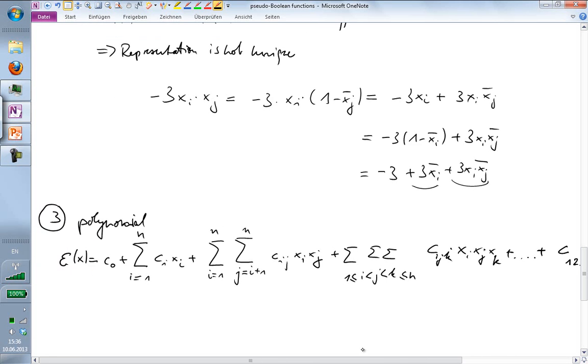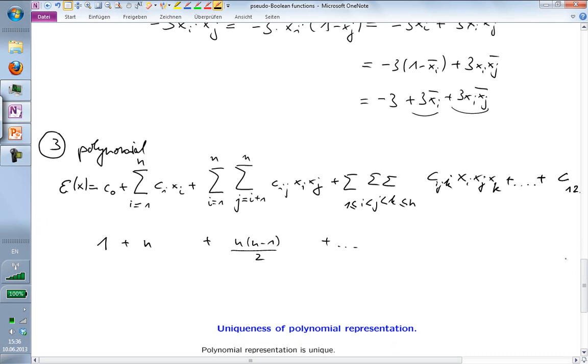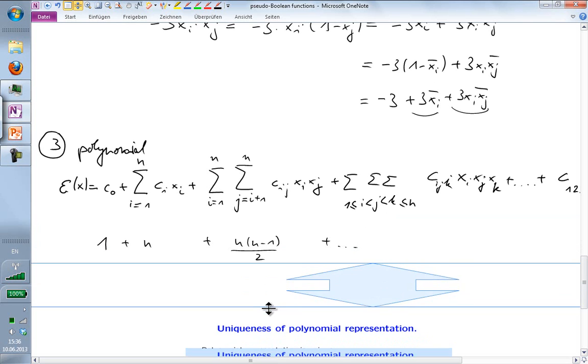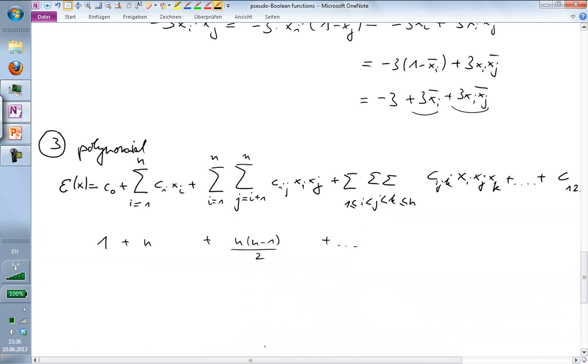So we can count the number of coefficients here. So I had one coefficient plus n plus n times n minus 1 over 2, plus n times n minus 1 times n minus 2 over 6, and so on. In general, these are from the Pascal triangle, or these are the binomial coefficients.